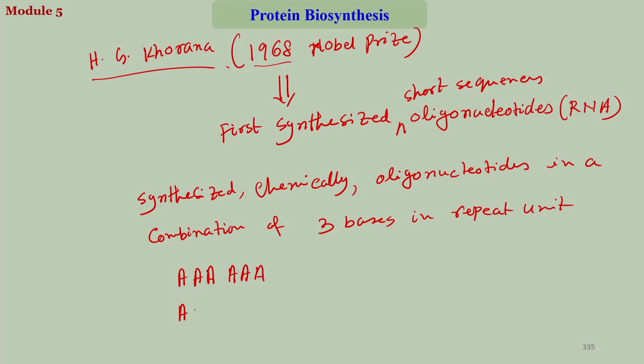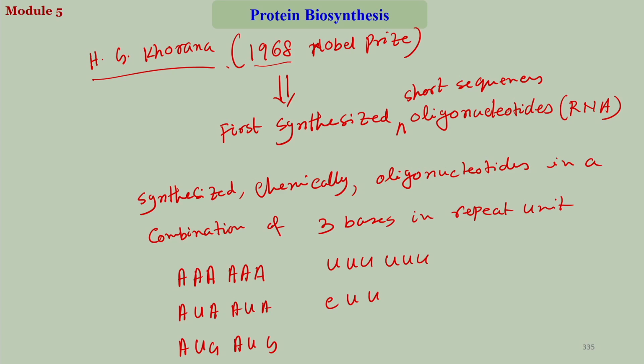For example, this UAUA and then AUA. So, this is one RNA, this is another RNA, and maybe AUG and similarly AUG. So, you already have 9 combinations. I am just writing 2 repeat units, for example CU.